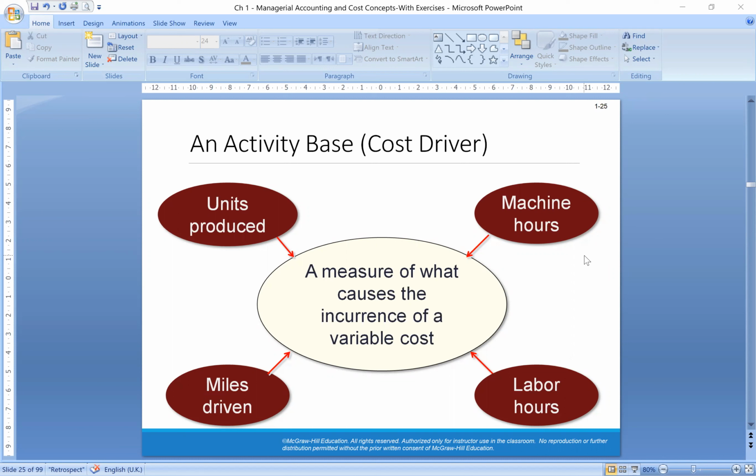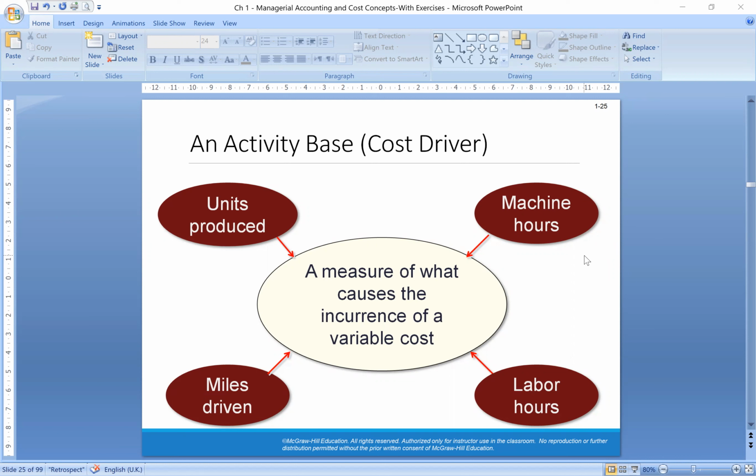The cost driver means a measure of what causes the incurrence of the variable cost. Think about the tables again. If we need to produce more tables, then we need to pay more cost. So what causes the cost? It was the number of tables. Then the units produced is the reason for the incurrence of the variable cost.